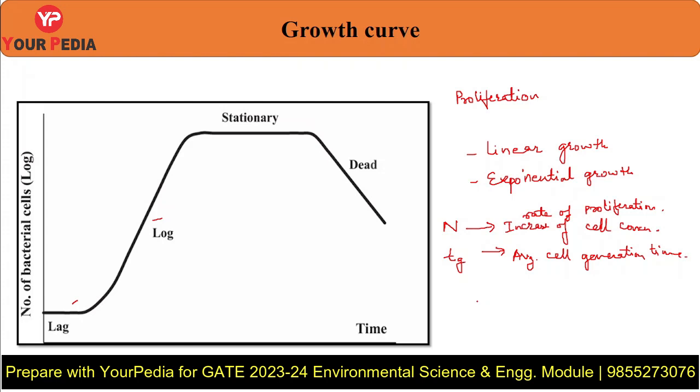All right. And then the number of cells as well as the biomass can increase linearly in case of formation of new cells on the tip of hyphae, this portion of the curve, which can be defined by the equation.